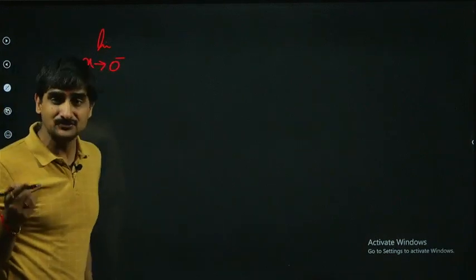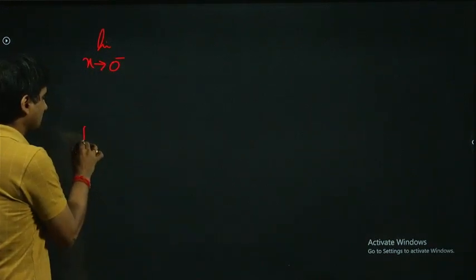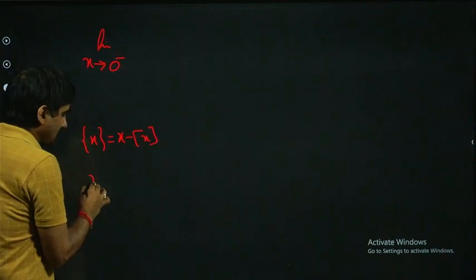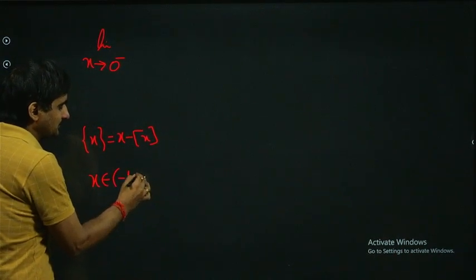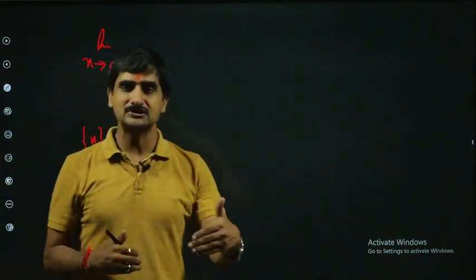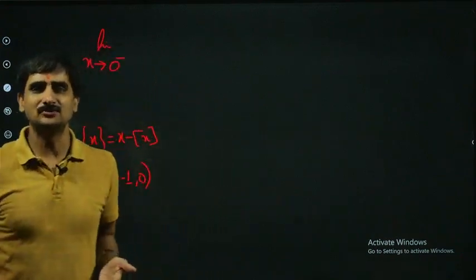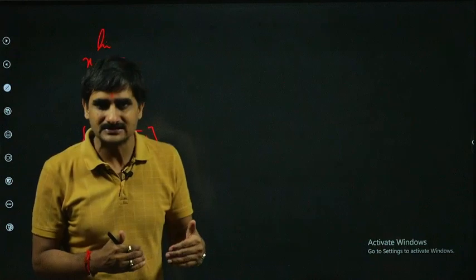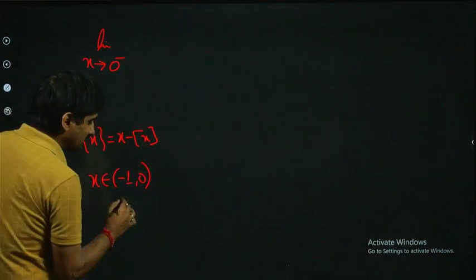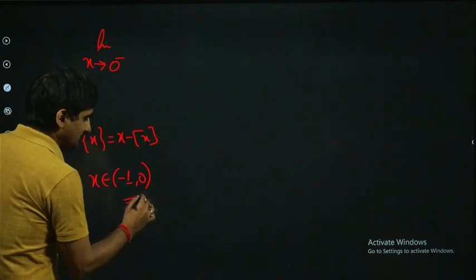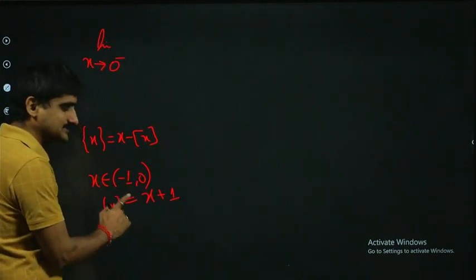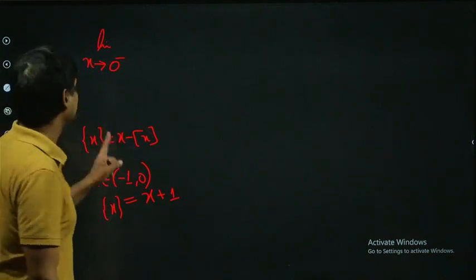Okay, so as x approaches 0 from the negative side, if we talk about fractional part of x, which is x minus greatest integer of x, and as x belongs to minus 1 to 0, see, x is approaching 0 from the negative side, that means it is very close to 0 but it is negative, so it has to be between minus 1 to 0, like it's minus 0.000001, but its greatest integer in that case has to be minus 1, I'm sorry. So it will be x minus of minus 1, that is x plus 1. So we can replace fractional part of x by x plus 1 here.